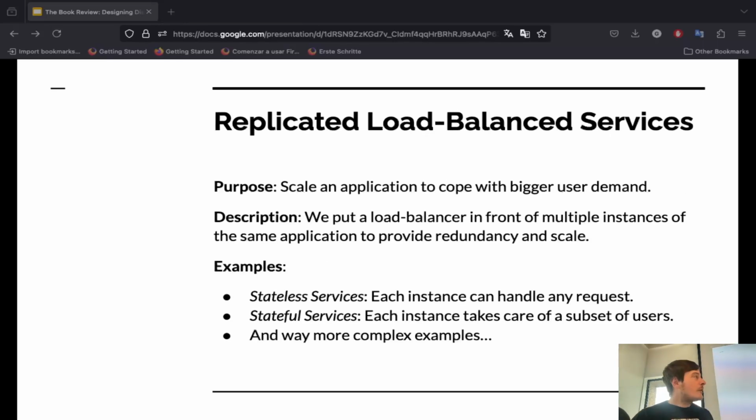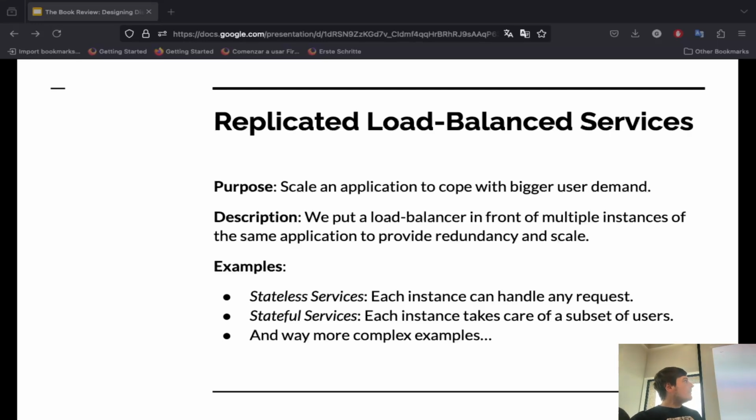For replicated load-balanced services, this is I would say the oldest trick, or the oldest design that we know of. Whenever we want to achieve scale, we deploy replicas of the same application, and we put a load balancer in front. By doing that, we can serve more users.